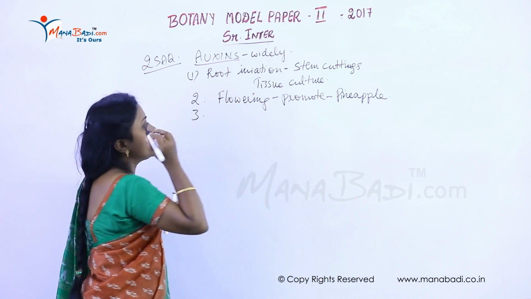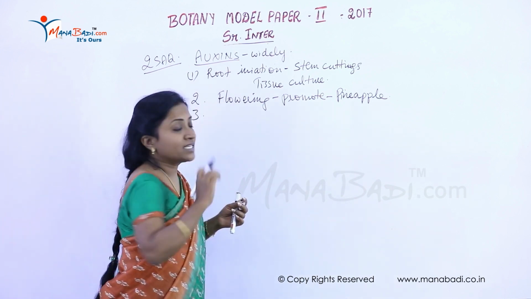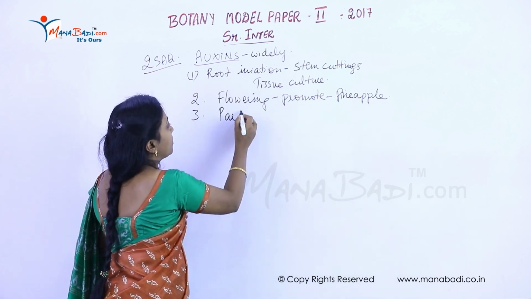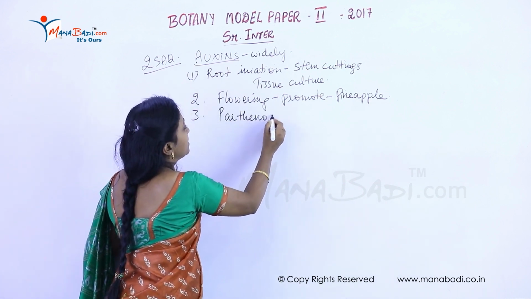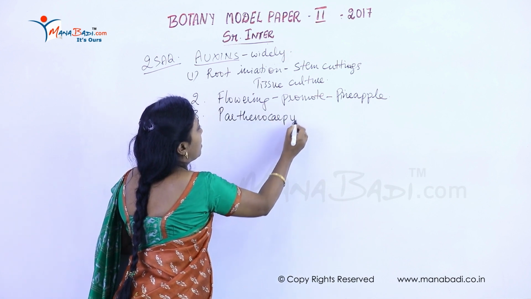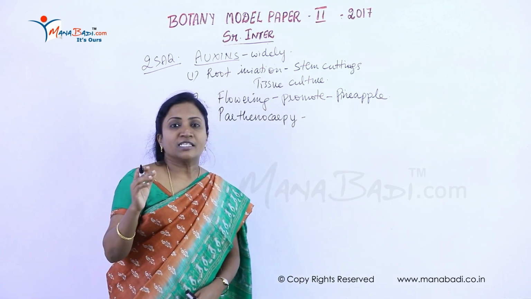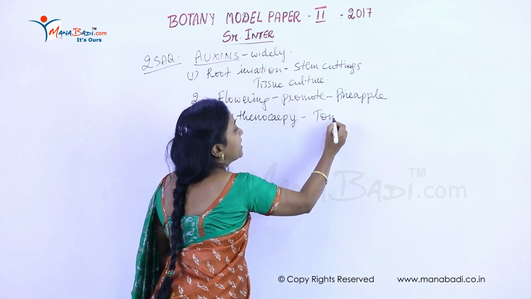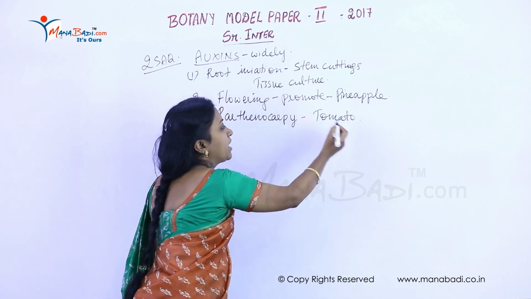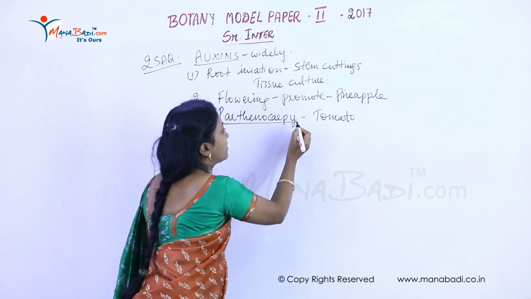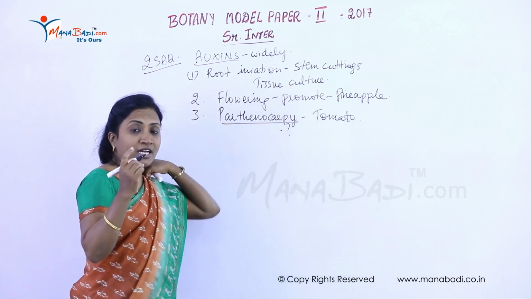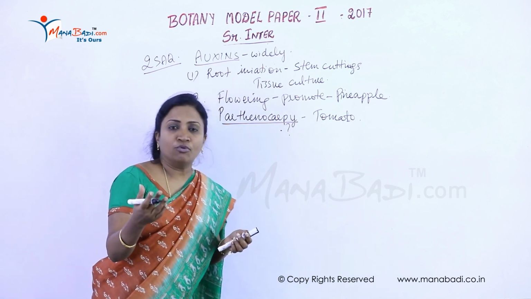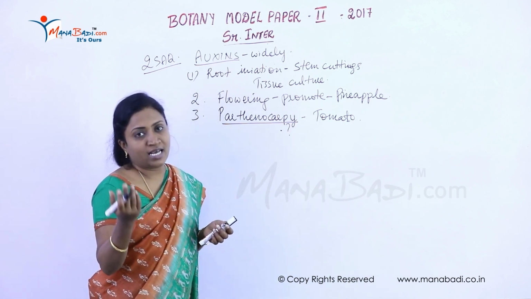Then coming to the next point, that is inducing parthenocarpy. Auxins induce parthenocarpy in plants like tomato. What is parthenocarpy? Parthenocarpy is the production of fruits without fertilization.